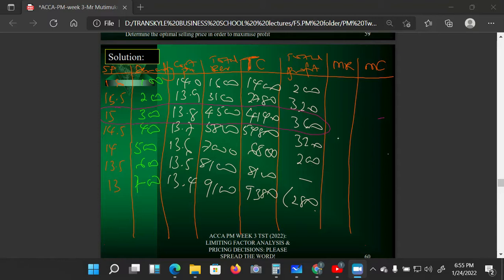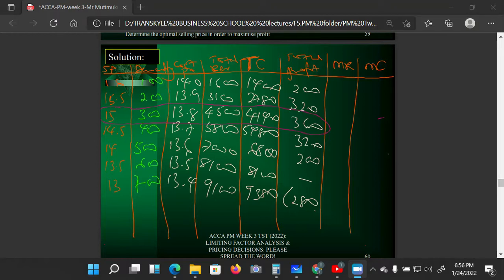Now, from the information given, what is the marginal revenue? Marginal revenue can be obtained from the total revenue. For example, if we increase production, or increase our sales, from 100 to 200, what is the marginal revenue?